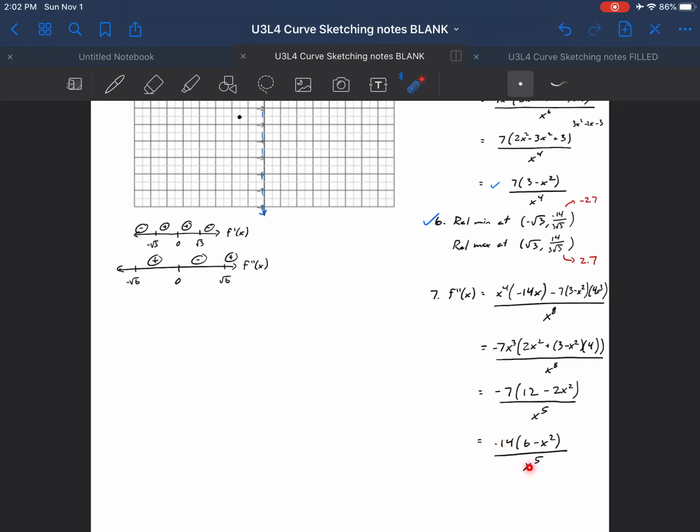Positive over negative is negative. Okay. Wow. So we also have important values at negative root 6 and positive root 6, because those are going to be places where we have points of inflection, right? The concavity changes. Okay, so that I guess would be step 8.